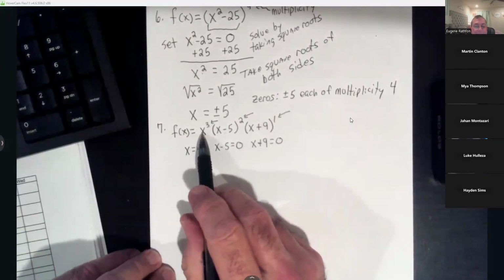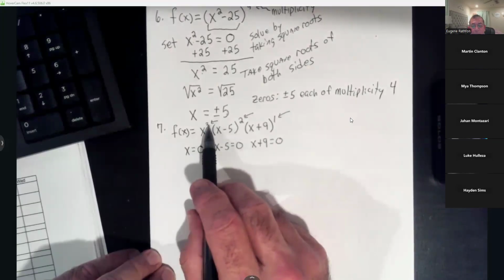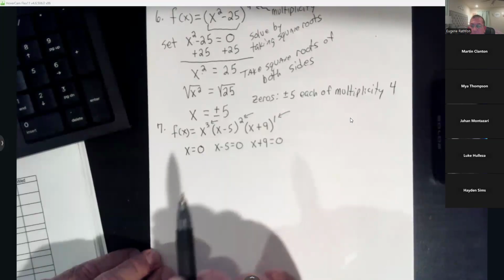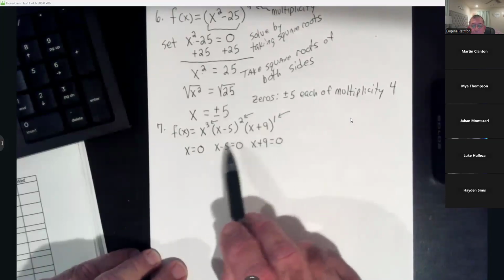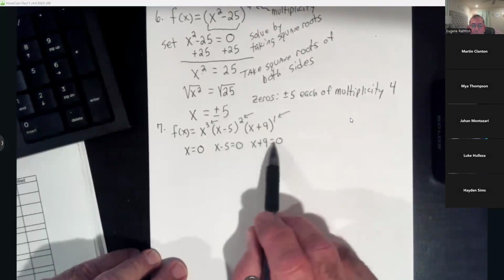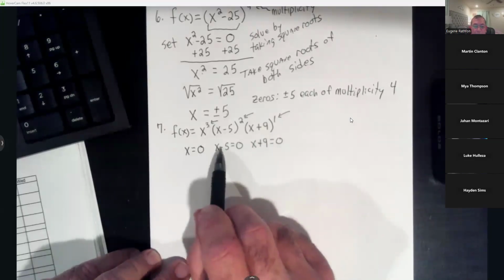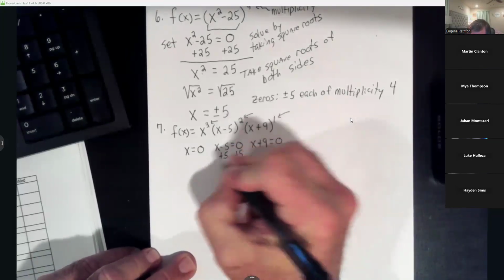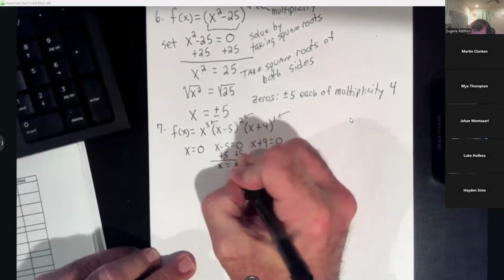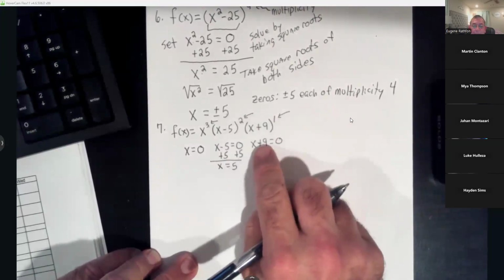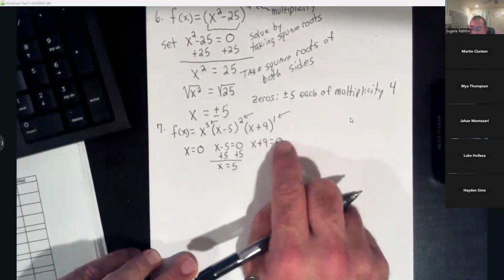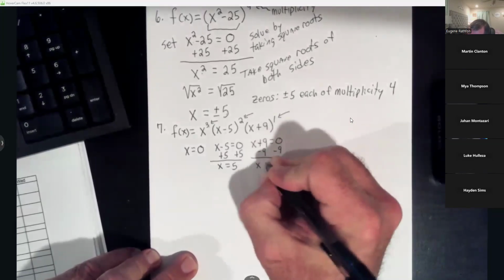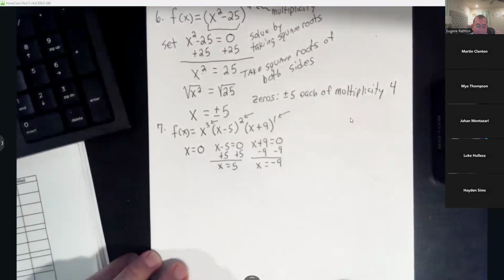So anytime you got a single x like this, I don't care what the exponent is, it's always going to equal 0. Now the other two that was in parentheses, we're going to solve both of these for the x's. So y'all on this one, I'm going to add 5 to get my 0. So I get x is a positive 5. And then here to solve for x, I will subtract the 9. And I get x equals negative 9.